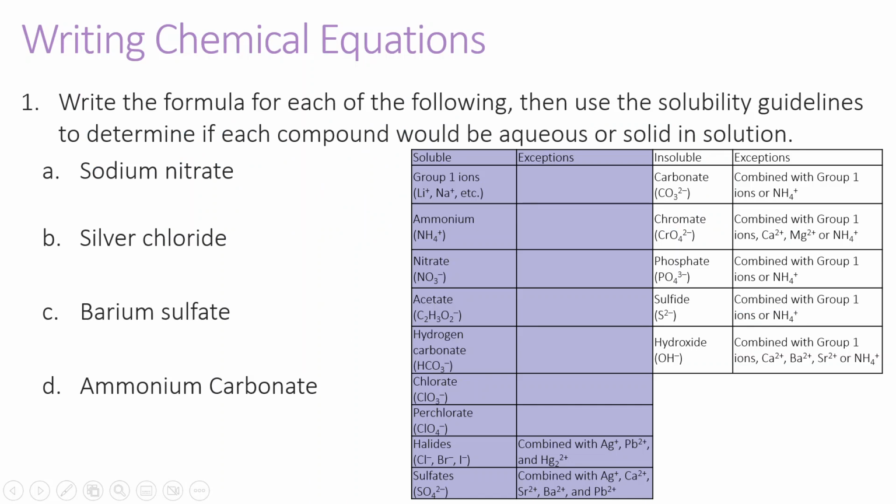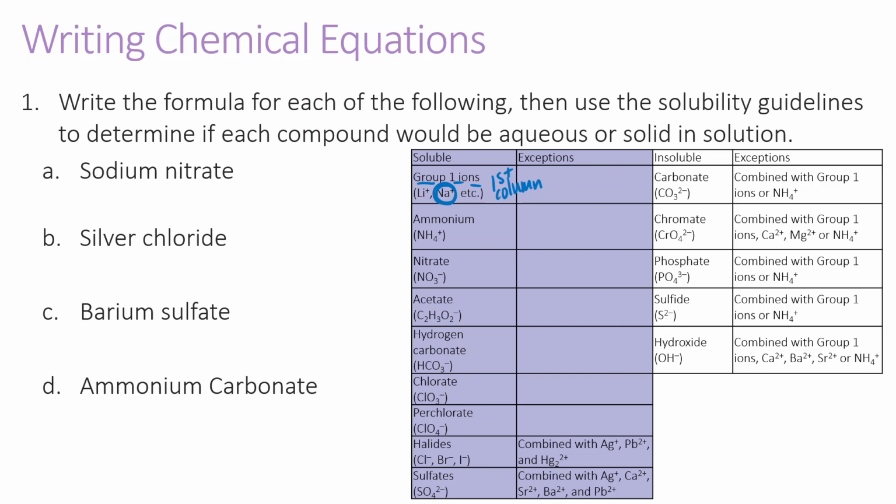Some other things that are going to be useful to know are these solubility rules. So we use these solubility guidelines to determine if a compound would be aqueous or if it would form a solid, a precipitate in solution. So for the first one, we have sodium nitrate. So I can look in two places. I can find sodium, which is considered a group 1 ion. Those are going to be the ones that are in the first column on the periodic table.